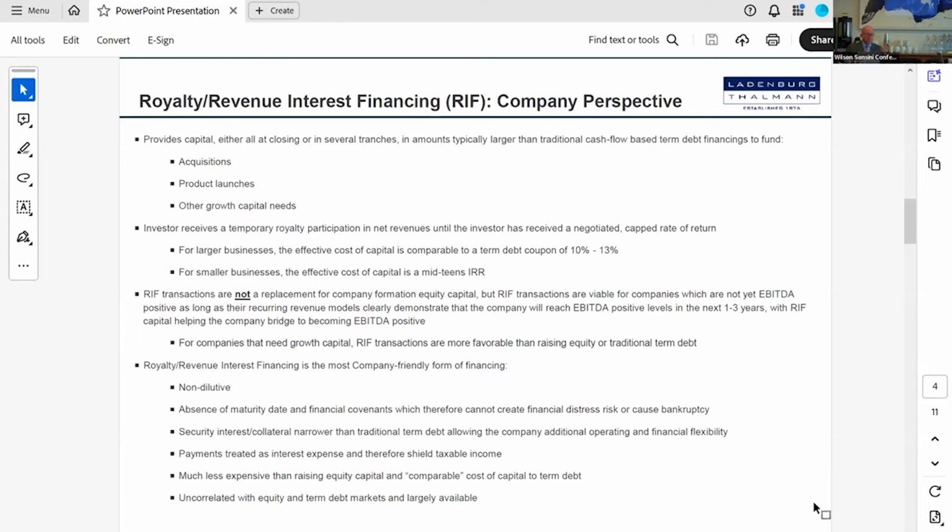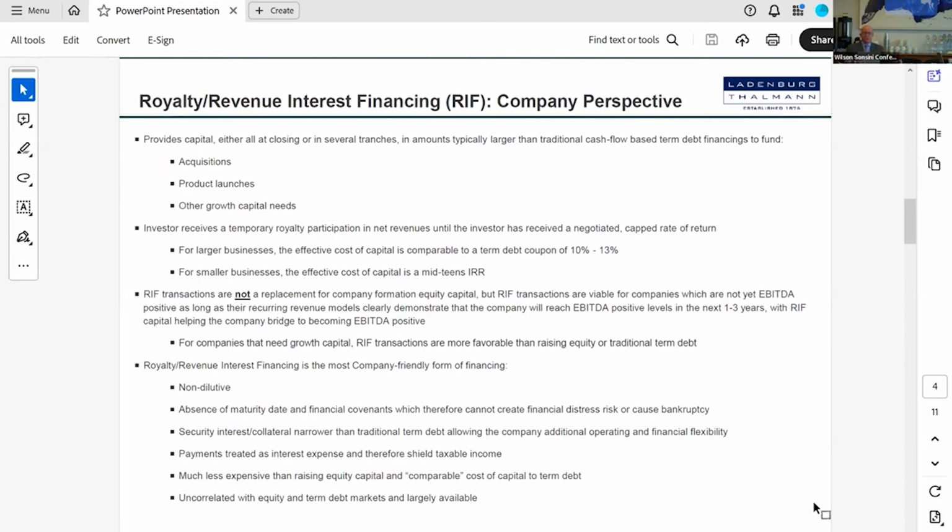The same company can raise more money using this form of financing than traditional term debt. Why is that the case? Traditional term debt, typically 5 years, is sized either as a multiple of existing cash flow or how much cash flow the company is expected to generate over the next 5 years until the maturity date. And that's typically how term debt is sized.